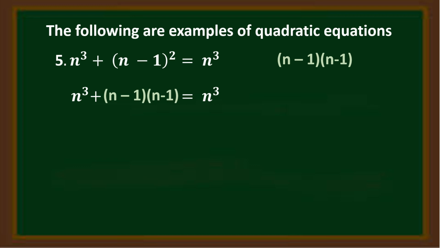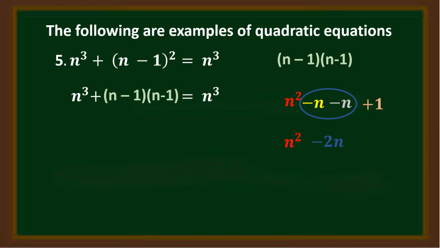The product of the first terms n and n is n squared. The product of the outer terms n and negative 1 is negative n. The product of the inner terms negative 1 and n is negative n, and the product of the last terms negative 1 and negative 1 is positive 1. Combining negative n and negative n, we have negative 2n.